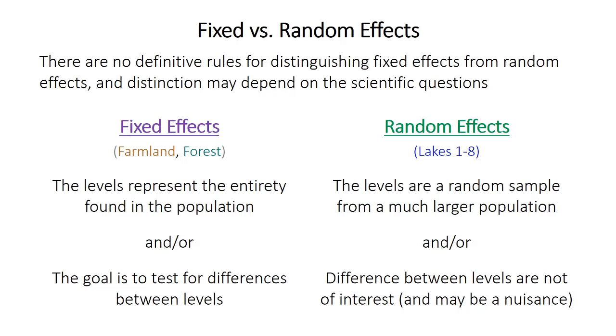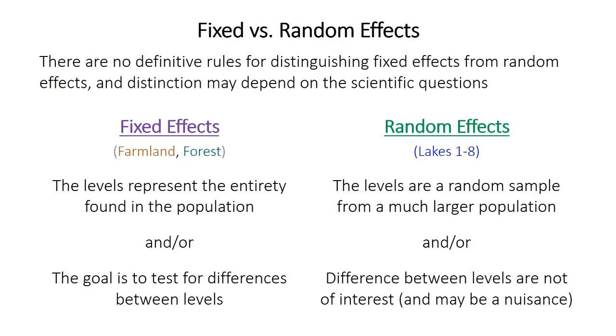So what are these fixed and random effects? Well, in the example in this video, region type, which is farmland versus forest, is being treated as a fixed effect. Generally speaking, to identify something as a fixed effect, you can look for, for example, whether the levels in that effect represent the entire population, and/or whether the goal you have is to test for differences between those levels.